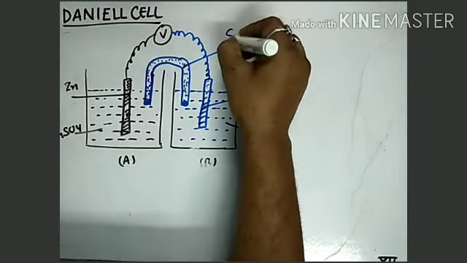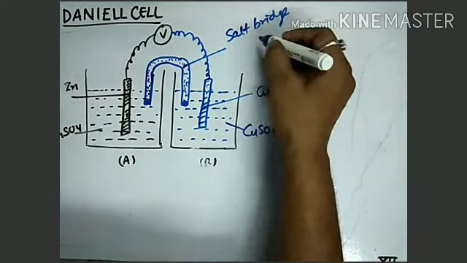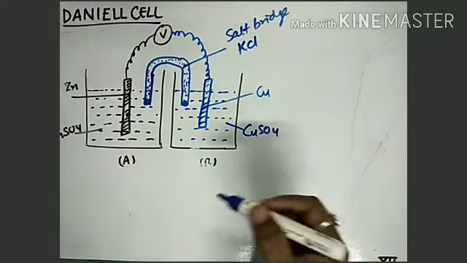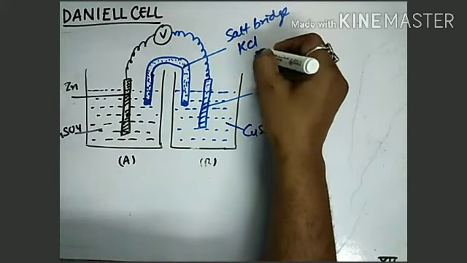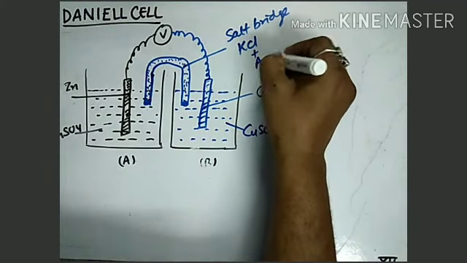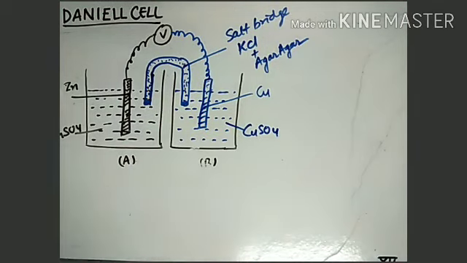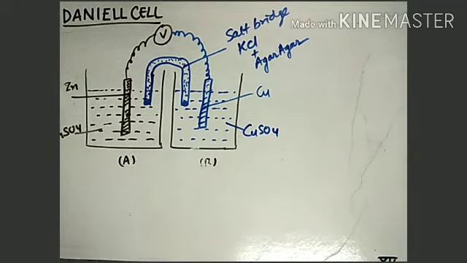This is the salt bridge. So the salt bridge consists of KCl, the potassium chloride electrolytic solution, and of course one more substance, that is agar. It's sealed at both ends. So basically this is the Daniell cell for you.